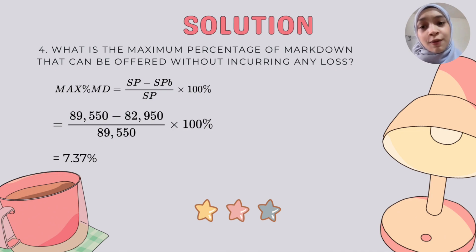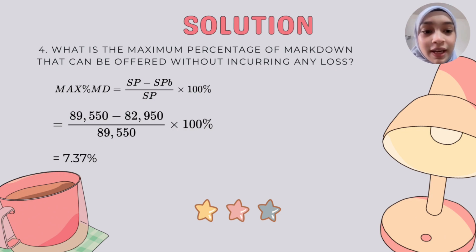SP is selling price and SPB is selling price break even. So in question 1 and 3, we already calculated the SP and the SPB.